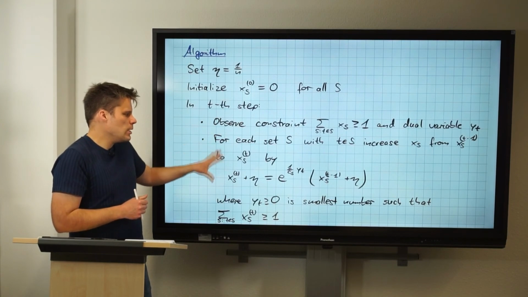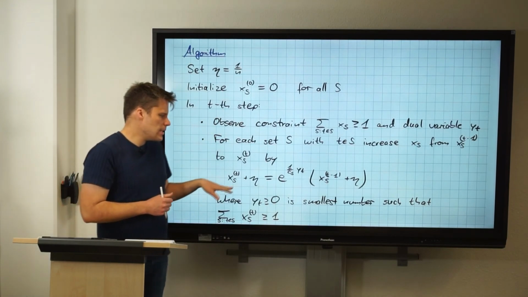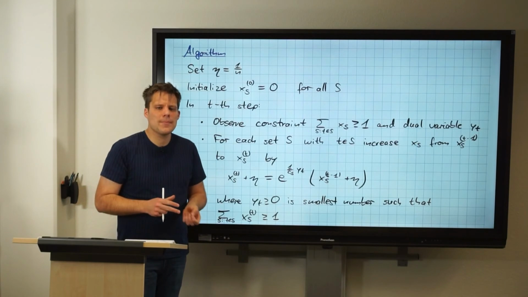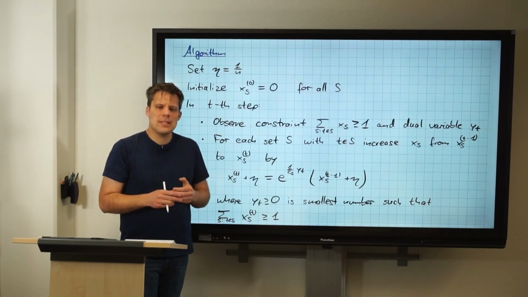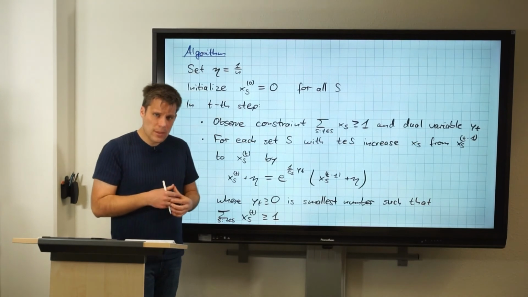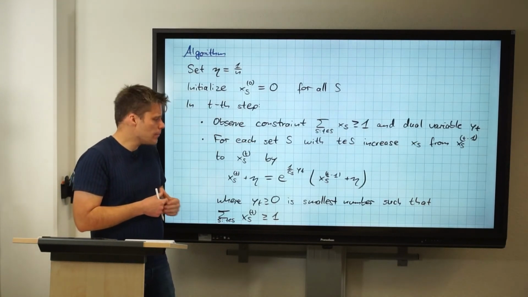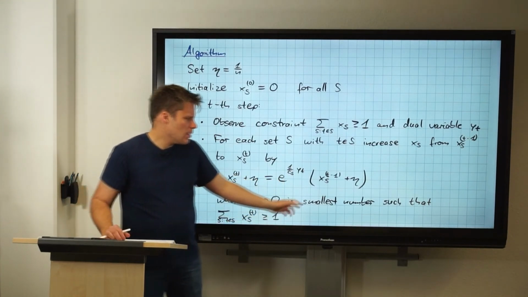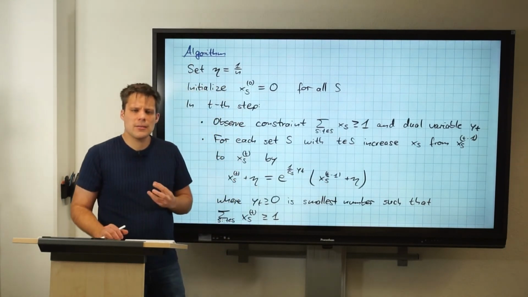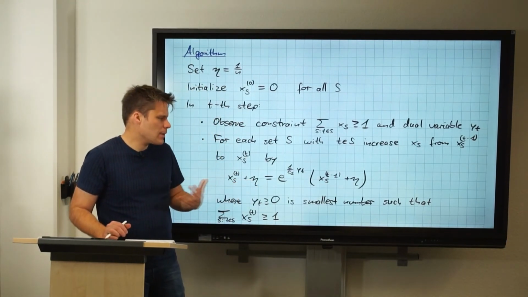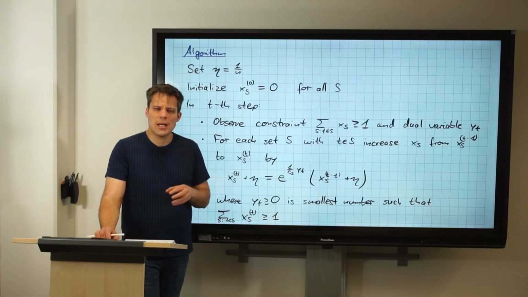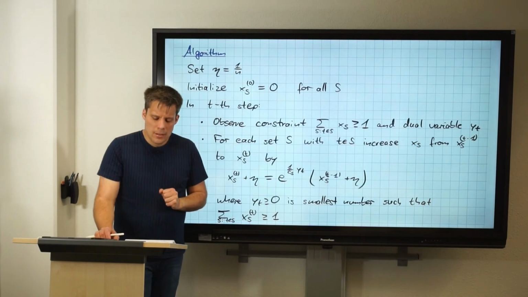So once again, we are increasing our variables. We're increasing them in more or less a multiplicative way. So variables that are already high are increased by more than variables which were not so high so far. And this is exactly expressed in this factor here, although we have this tiny eta thing which is used so that we don't get stuck at 0. Good.